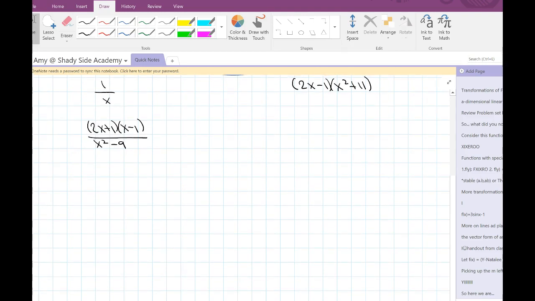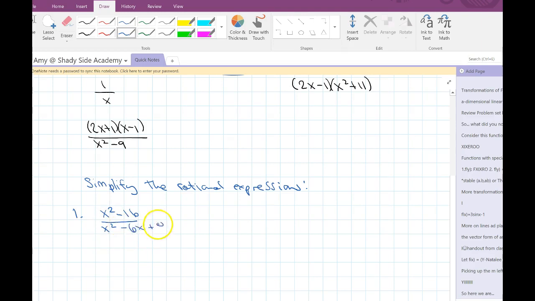So if you have a rational expression, let's be sure that we review some basics of simplifying. Simplify the rational expression, and let's put a few up here. Let's start with number 1, x squared minus 16 all over x squared minus 6x plus 8.